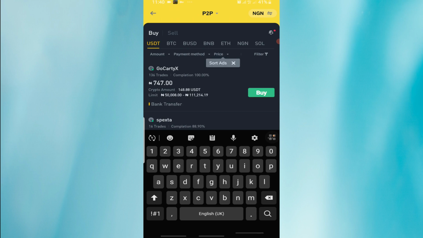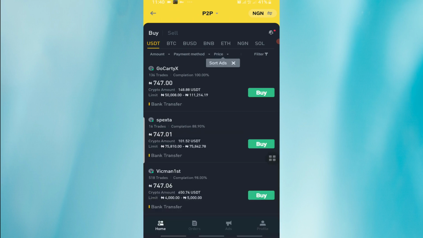So guys, for it to get to this point, the next thing we'll be doing is to buy a crypto. So we'll buy USDT with our Nigerian Naira. What we need to do now is to click on filter.